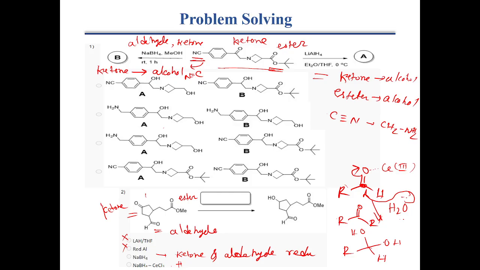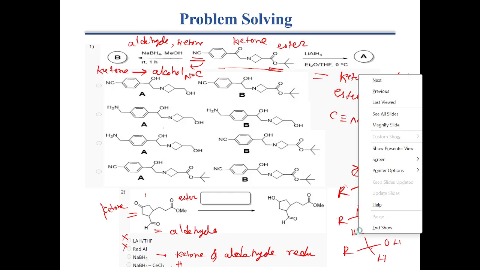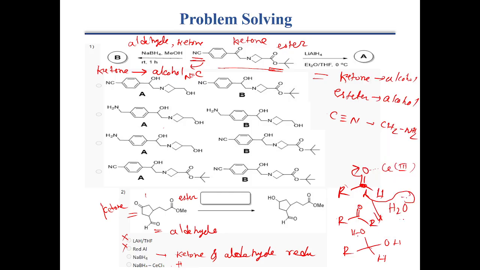This is called gem diol hydrate. On the same carbon, both hydroxyl groups are there. So this is called gem diol hydrate. Due to this formation of gem diol hydrate in the aldehyde with the cerium chloride Lewis acid, it is reversible.